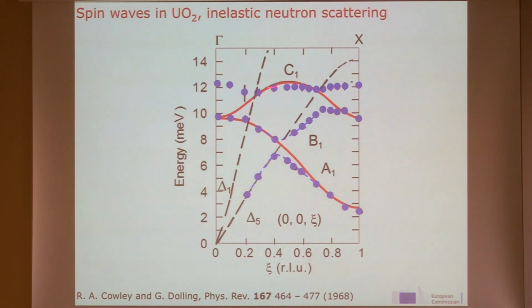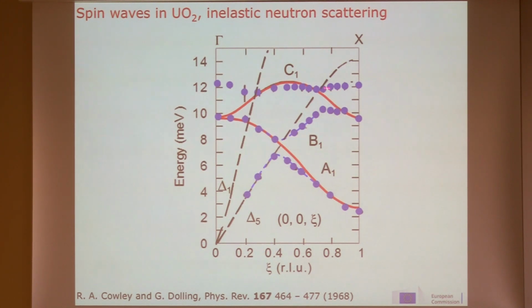But there was an aspect of this experimental data that required many decades to be understood. As I will show later, what you expect, even in the presence of anisotropic dipolar magnetic interactions, is just 2 branches. And the optical spin wave branch should have the same energy at the zone center and at the zone boundary, and at the zone center should be degenerate with the acoustic spin wave.